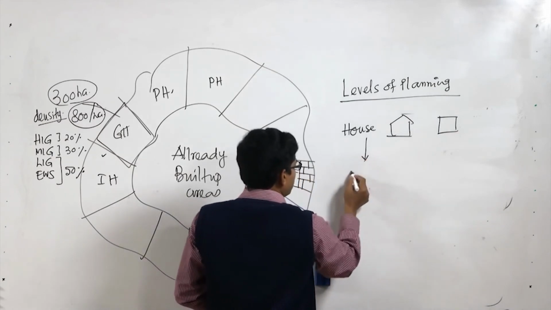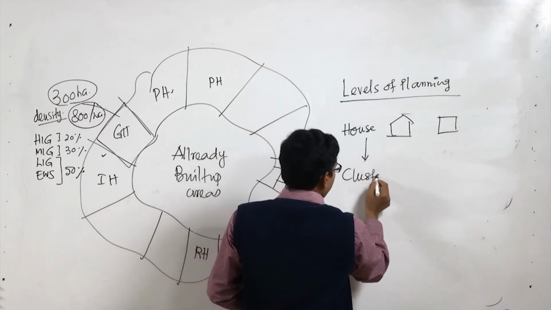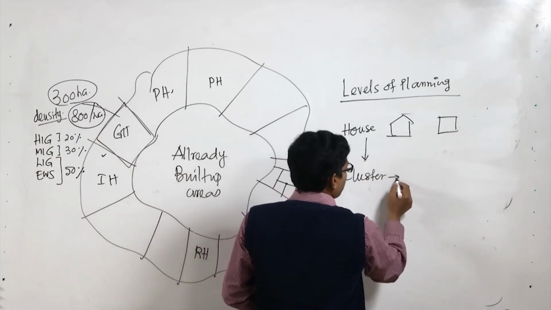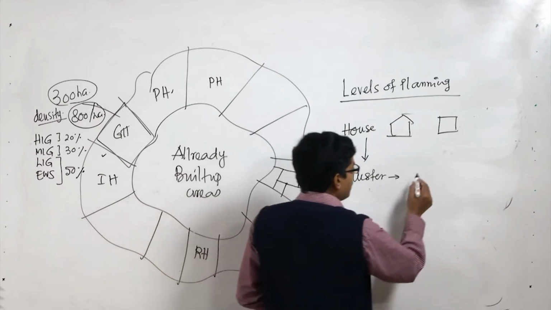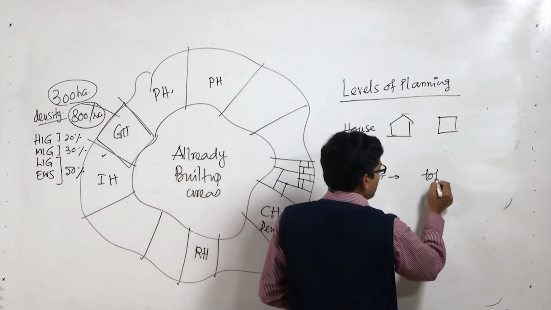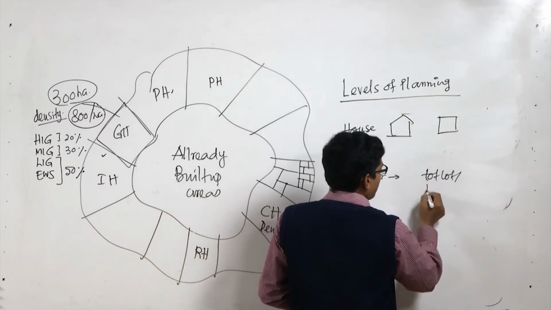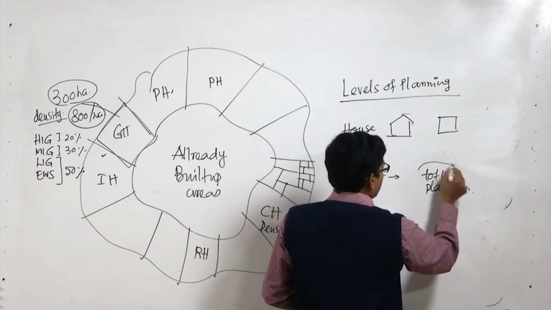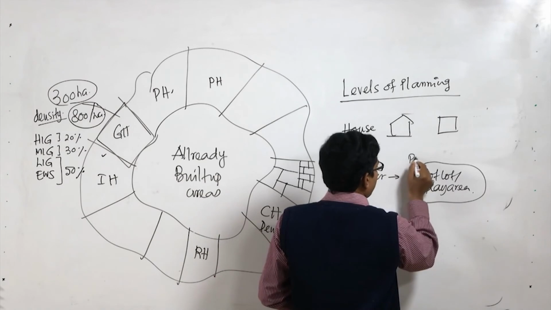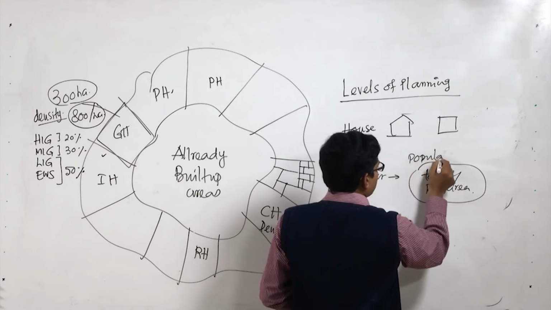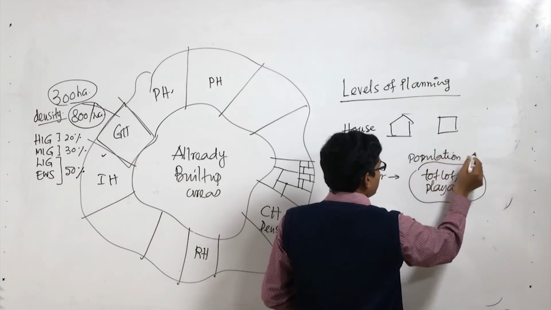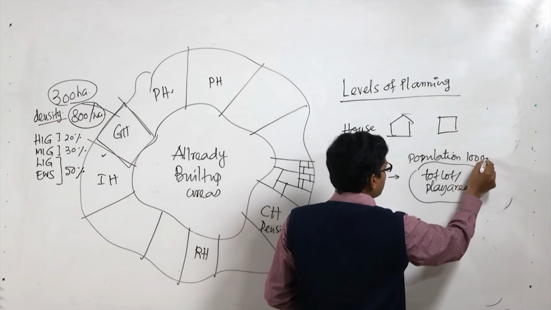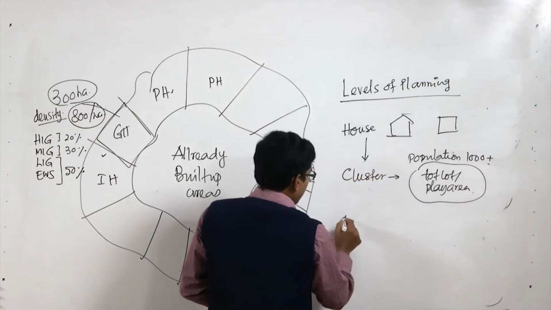Then is your cluster. A cluster is defined by a common facility around a tot lot or play area, with a population ranging from 1000, and then we have the neighborhood.